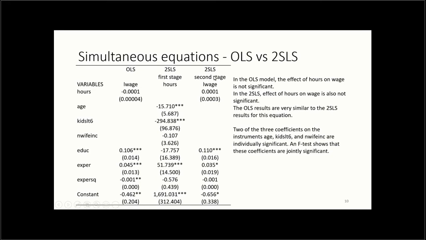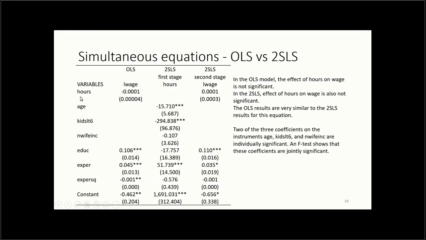Okay. So now these are the simultaneous equations, and here we have the second equation. Here we have log of wage regressed on hours, and these are the independent variables. What we're seeing here is that this coefficient is not significantly different from 0.